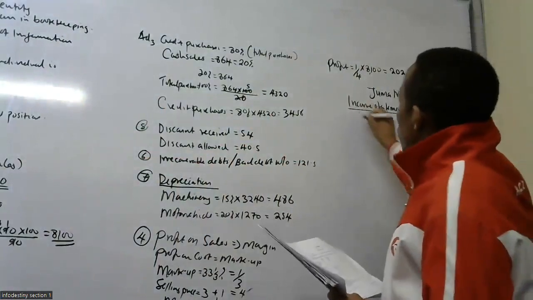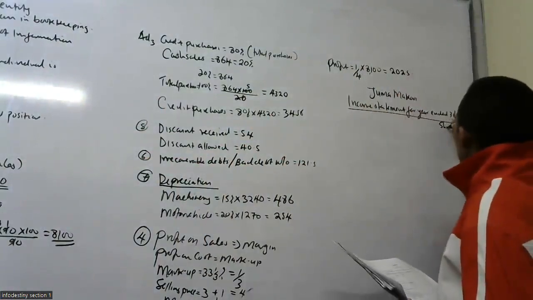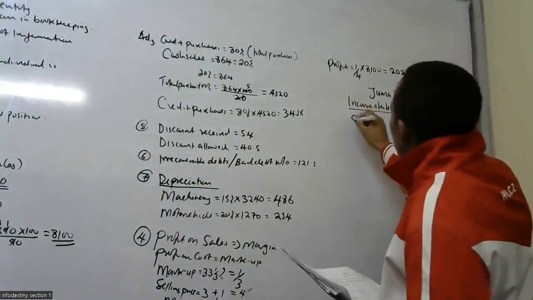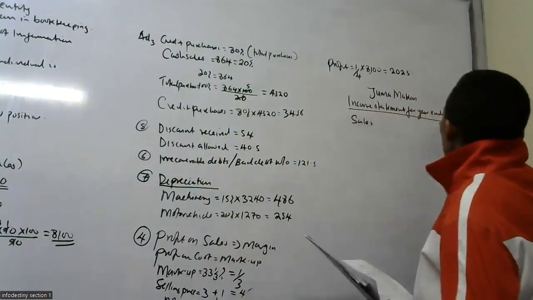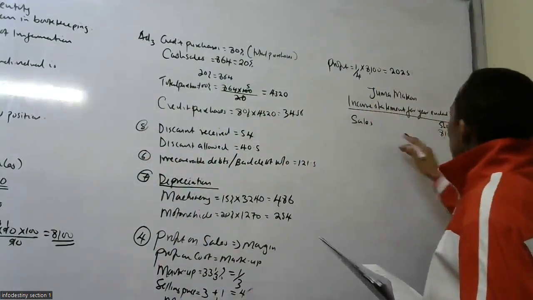So we have sales, the figures are in thousands. Sales we got 8100.